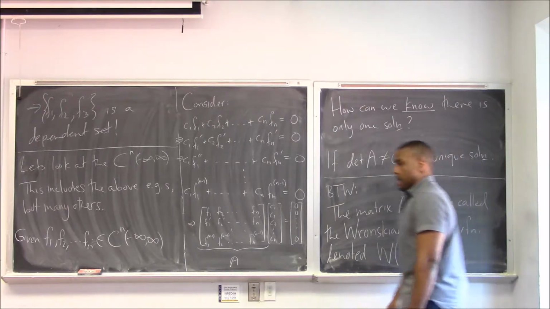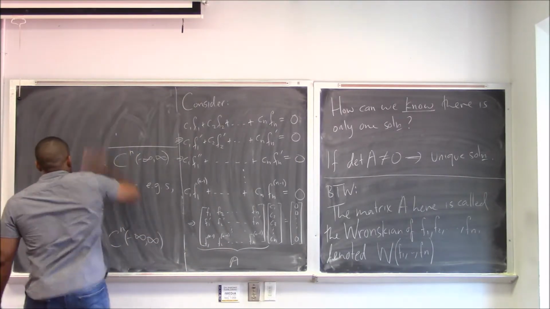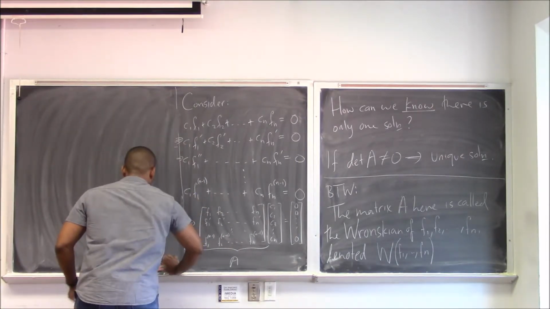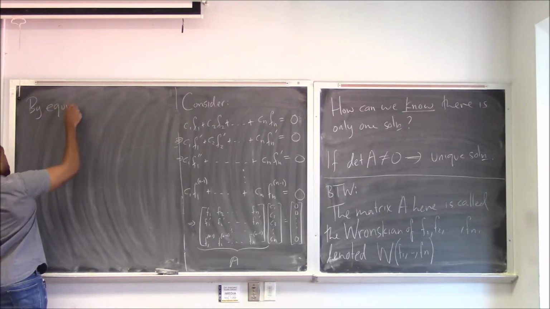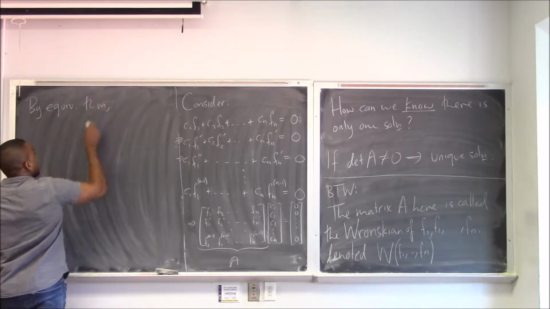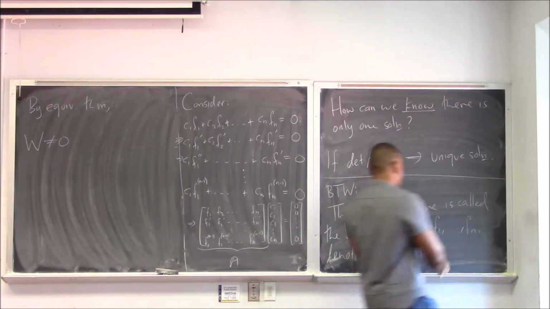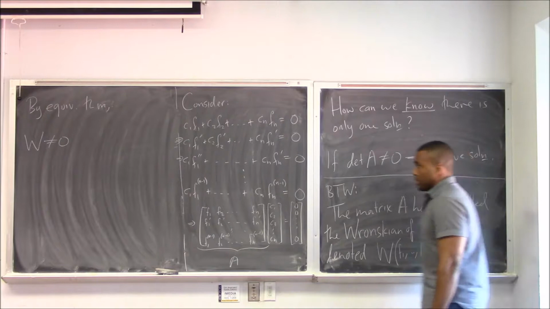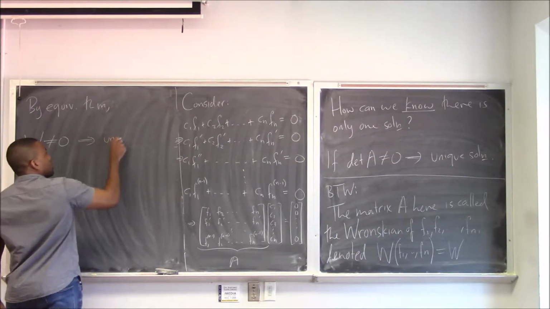And by the equivalence theorem, if the Wronskian, sometimes written W if understood, is not 0, this means we have a unique solution.